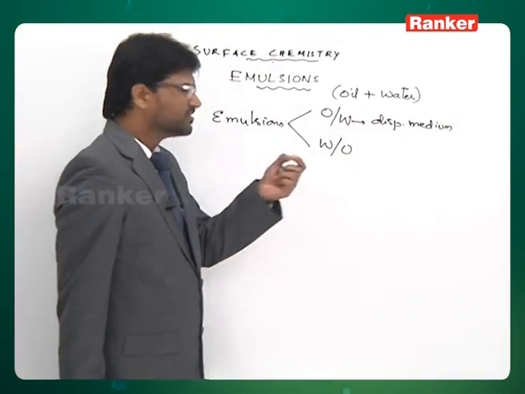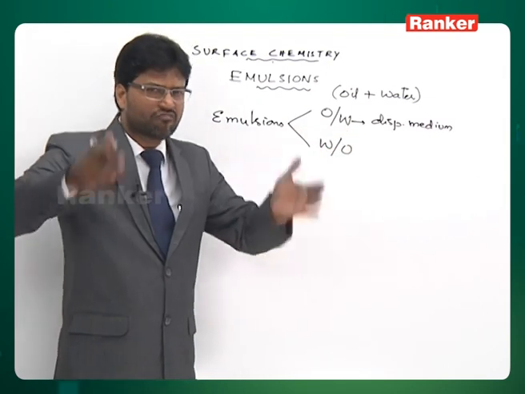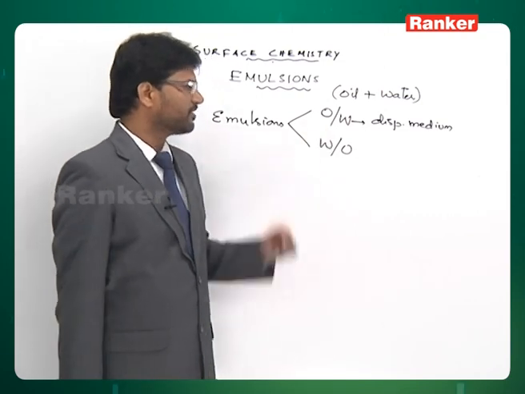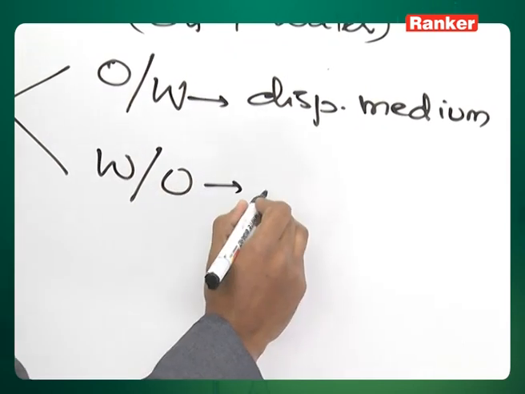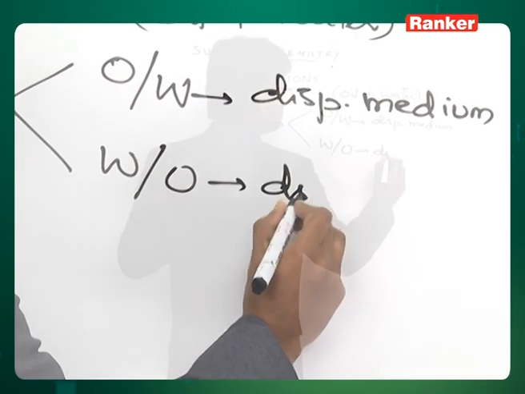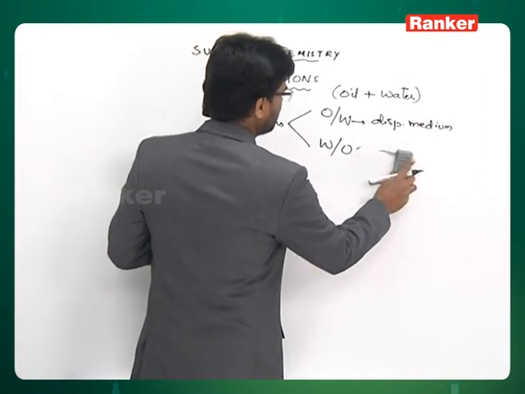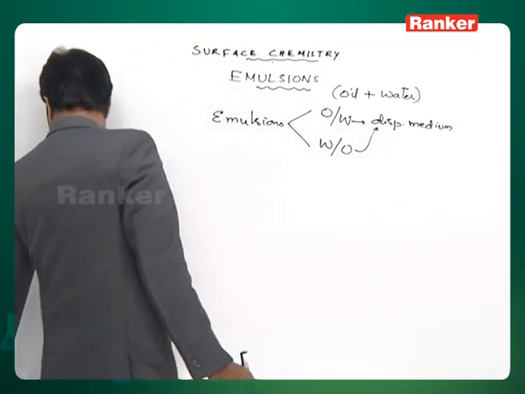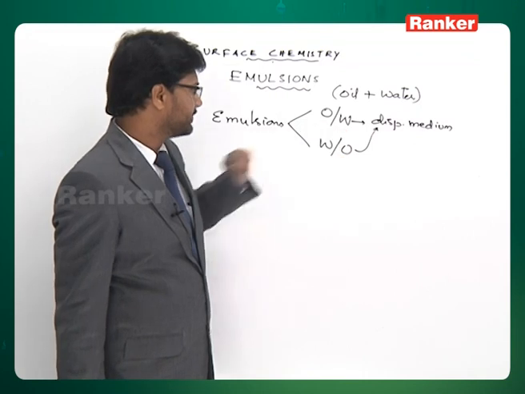So, if you have small droplets of oil in a continuous water, I mean aqueous dispersion medium, then you call it oil in water emulsion. Here you have droplets of water in oil. So, here the dispersion medium is oil, you call it water in oil emulsion. The continuous phase is oil here, and the continuous phase is water there.